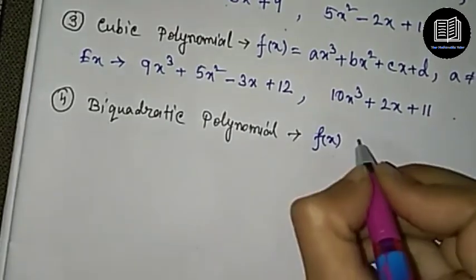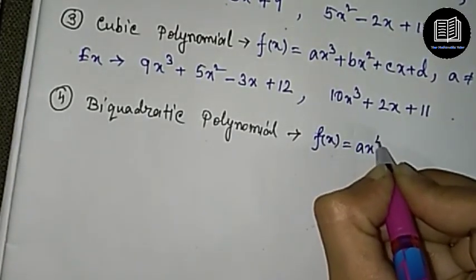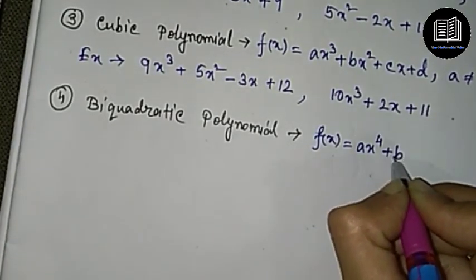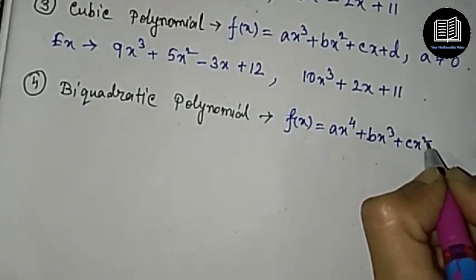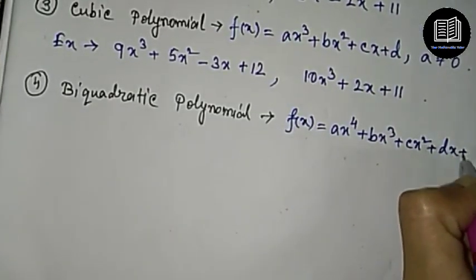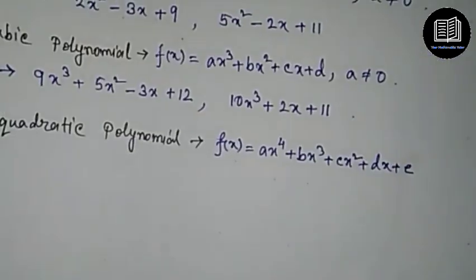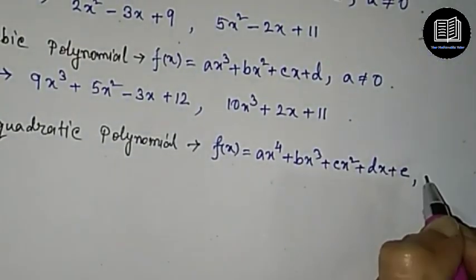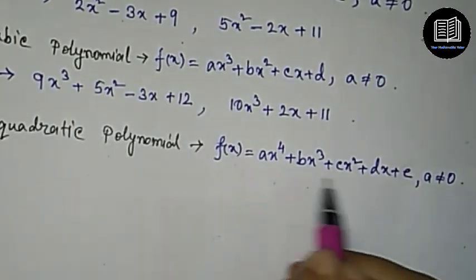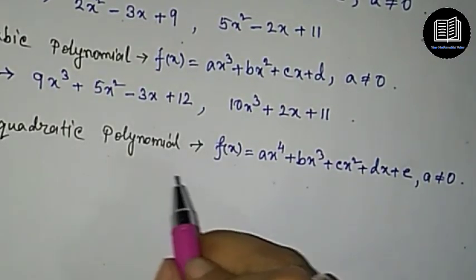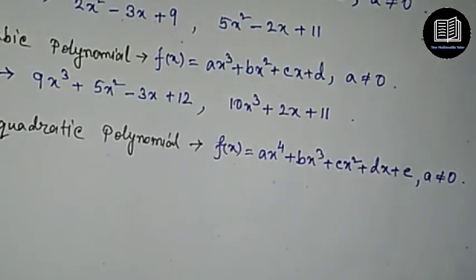That is of the form ax to the power 4 plus bx cube plus cx square plus dx plus e, where a not equals to 0. Here the degree of the polynomial is 4, so it is a biquadratic polynomial.